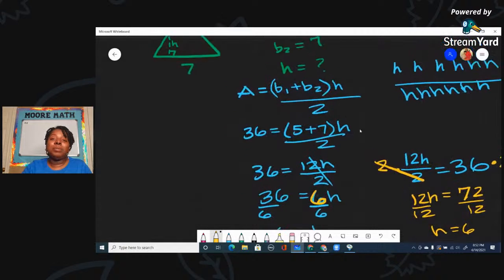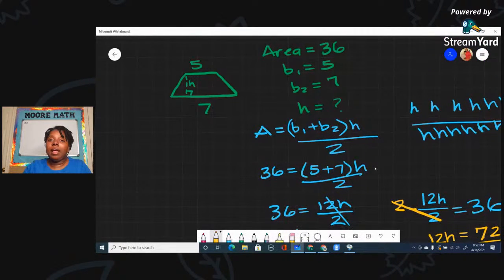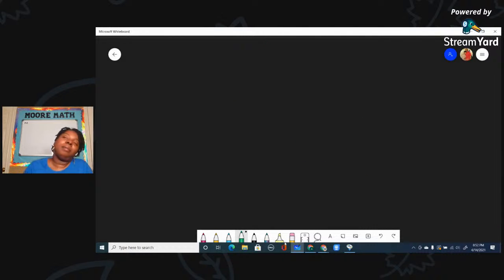A lot of times they will just give you the area and base 1 and base 2, and you have to find the height. So that's how you would do it. Okay, last one like this. What if they gave you the height and base 1, and they wanted you to find base 2? You have the area and the height.